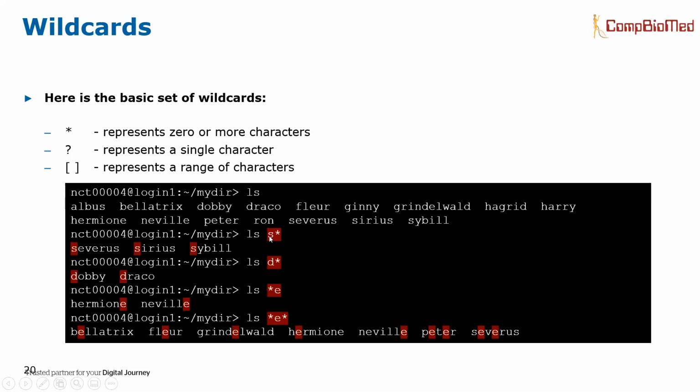So if I do ls space s star, I will display all the file names which start with the letter S. I can do the same thing with D. I can also do the same thing with files which end with a special character, or which have a special sequence of characters in the middle. This is what I'm showing here with this example in the slides.